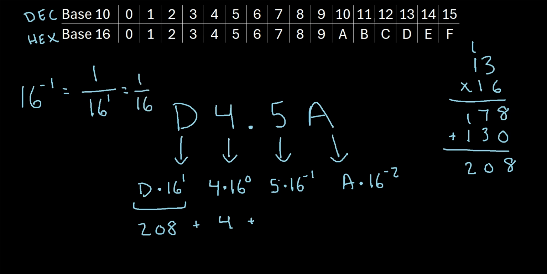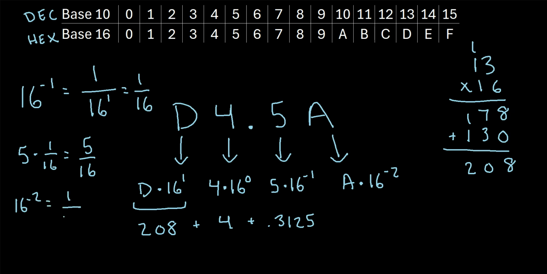So what we get here is 5 times 1 over 16. So 5 times 1 over 16, that's just 5/16. So if you were to punch 5/16 into a calculator, you would get 0.3125.